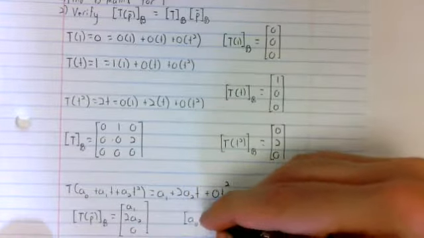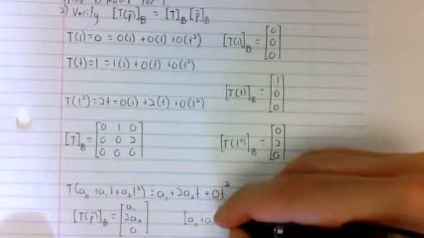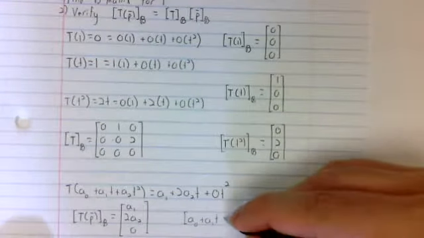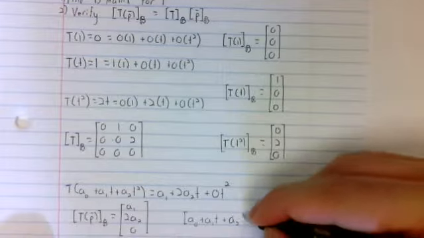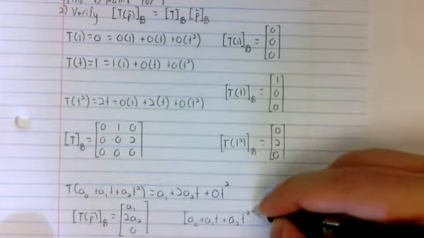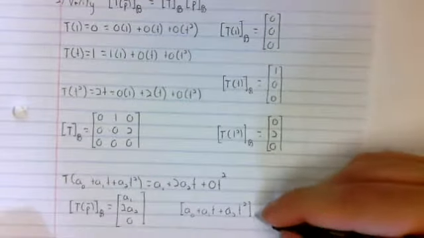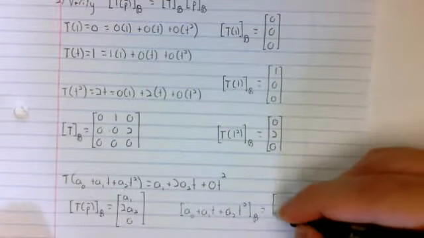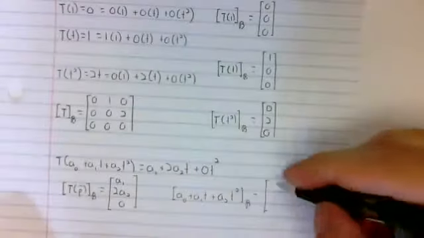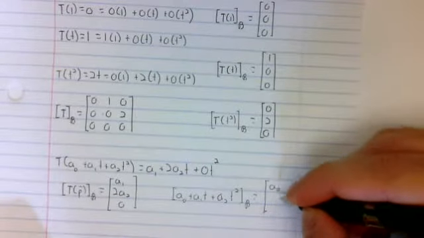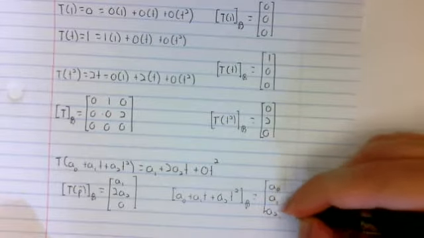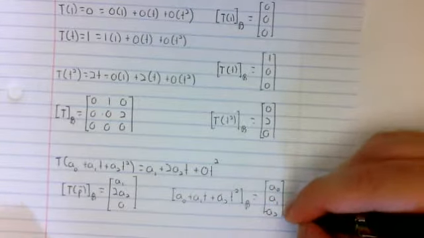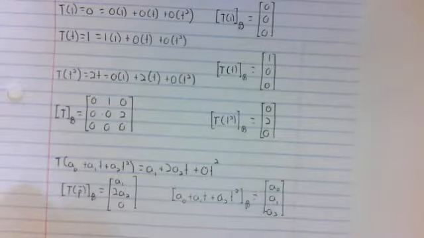Well, the coordinate vector of a sub 0 plus a sub 1 t plus a sub 2 t squared is simply a sub 0, a sub 1, a sub 2.